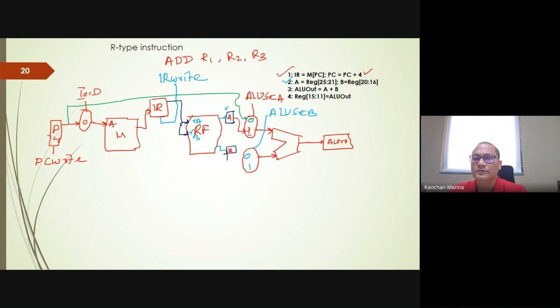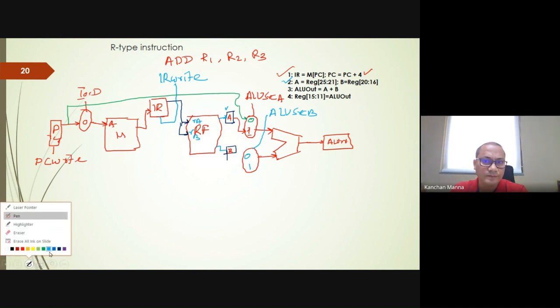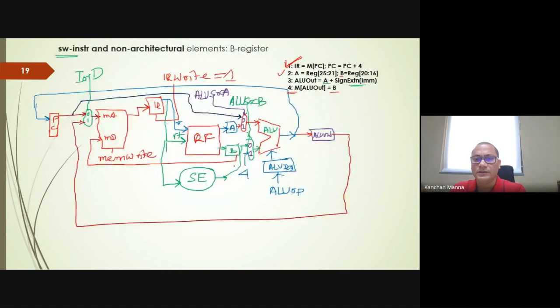Now we have to perform the addition. So we have to connect B. If you remember in the earlier case, we are providing 4 to the 1 input and sign extension using 0, right?